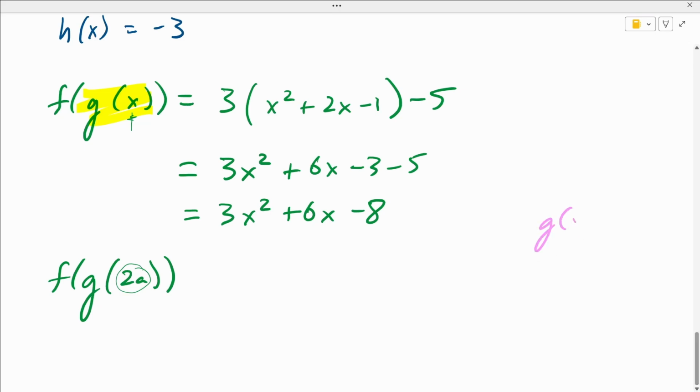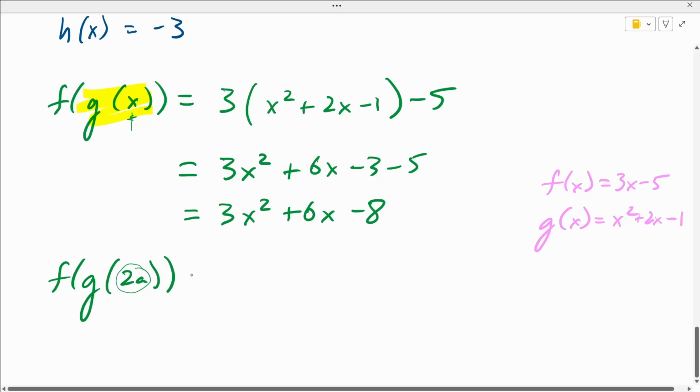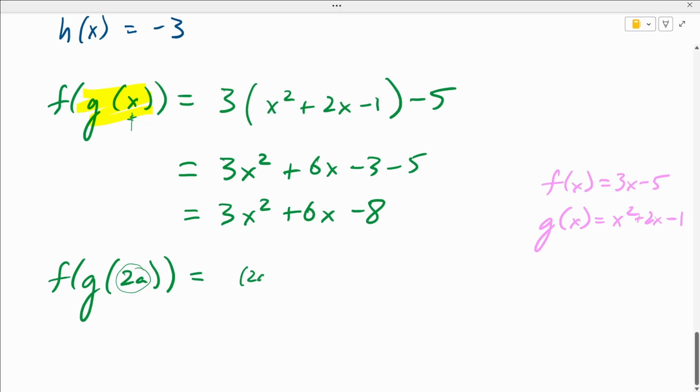G of x is x squared plus 2x minus 1. F of x is 3x minus 5. So this time, I have 2a as the input to g. So in this g function, I have a 2a squared plus a 2 times 2a minus a 1.